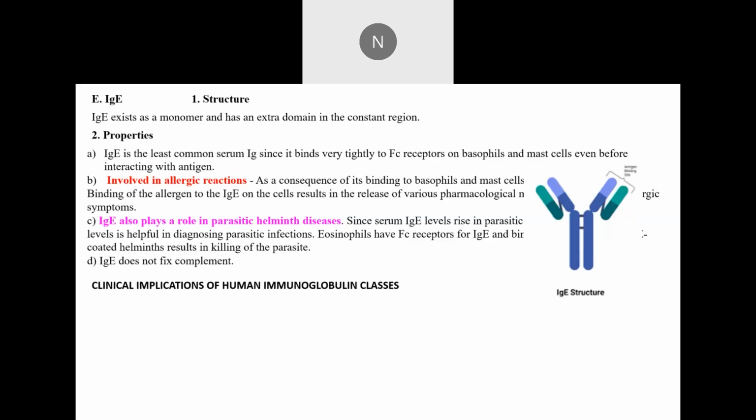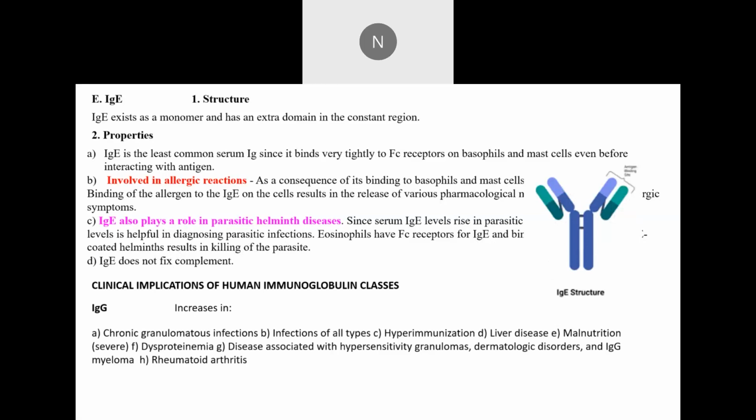What are the clinical implications of human immunoglobulin classes? IgG increases in conditions like chronic granulomatous infection, hyperimmunization, liver diseases, malnutrition, dysproteinemia, diseases associated with hypersensitivity granulomas, and rheumatoid arthritis also.